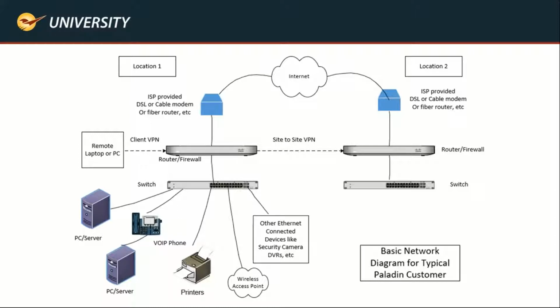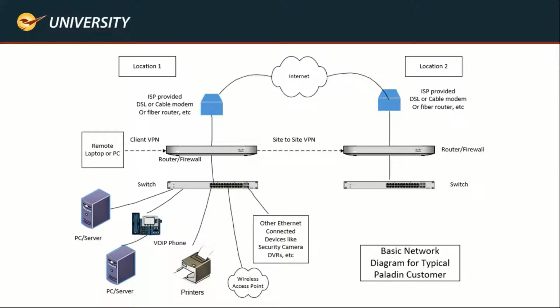That circuit terminates on a device that the internet service provider provides and is located at your business. So it's a DSL modem or a cable modem, fiber router, point-to-point wireless bridge, and there are some other technologies that are appropriate and supported. So that device terminates that internet circuit and it's provided by your internet service provider and is located in your building.